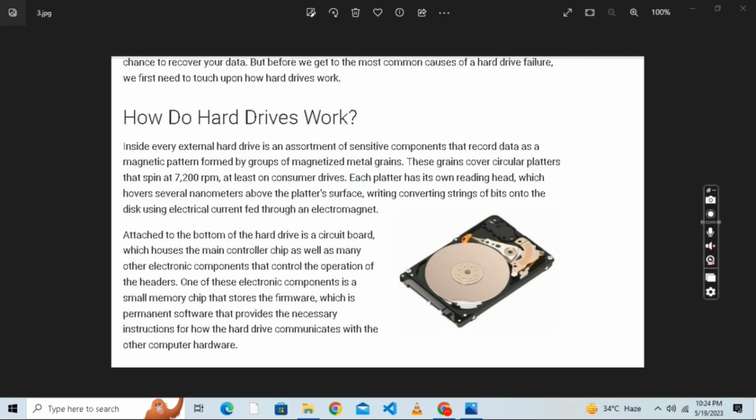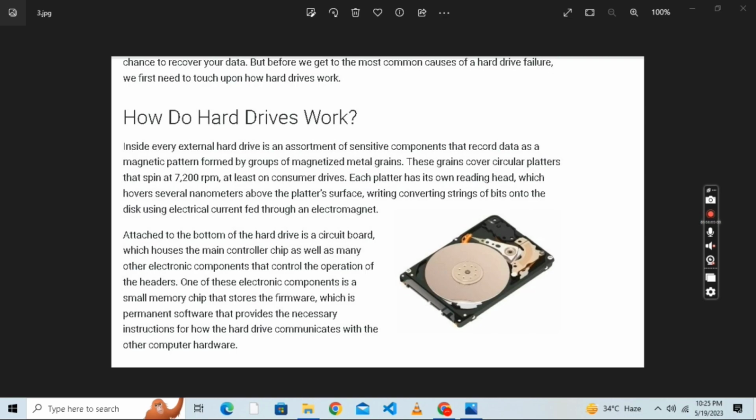Attached to the bottom of the hard drive is a circuit board, which houses the main control chip as well as many other electronic components that control the operation of the heads.